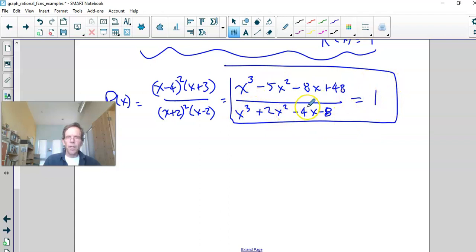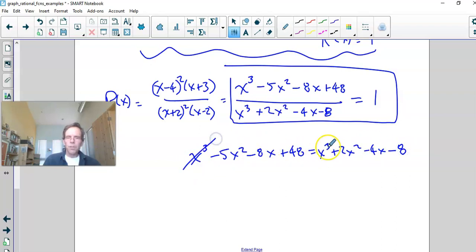We multiply both sides by the LCD, which is this denominator, and the right side is 1, so it's really easy to see that we're just going to get x cubed minus 5x squared minus 8x plus 48 equals x cubed plus 2x squared minus 4x minus 8. Immediately you can see if you subtract x cubed from both sides, that goes away.